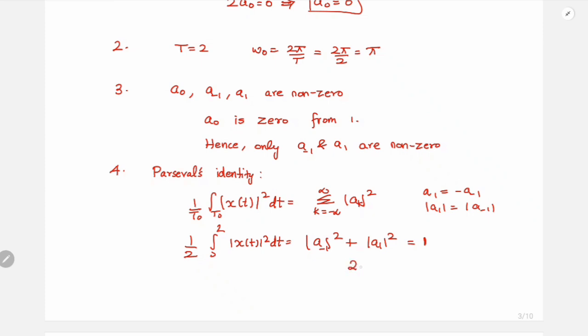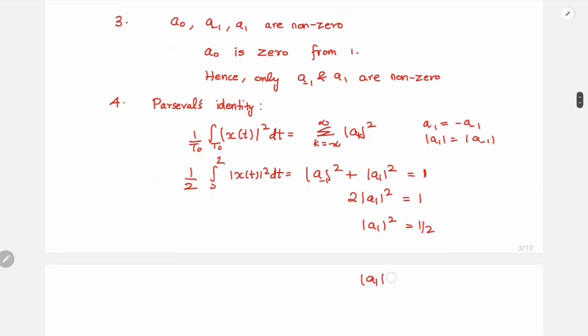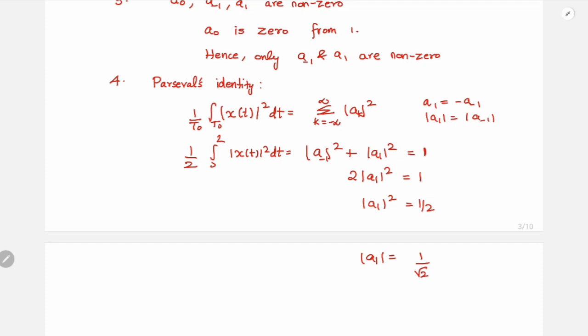So using this will get us 2 times mod a1 square is equal to 1. So mod a1 square is 1 by 2. So mod a1 itself is 1 by root 2, right?